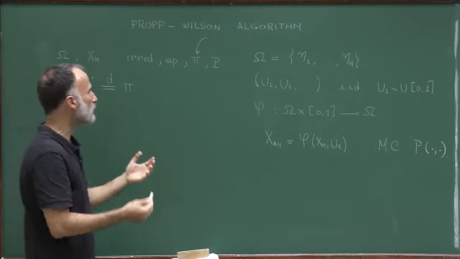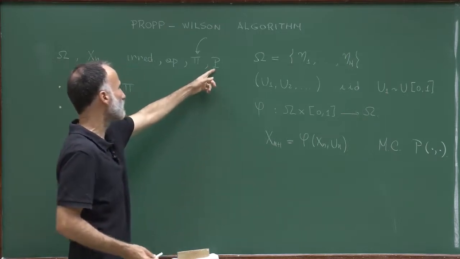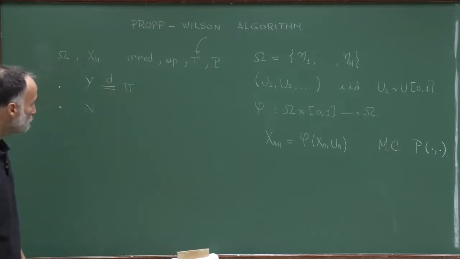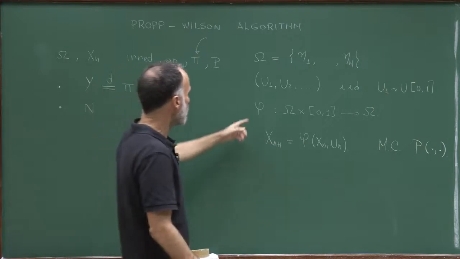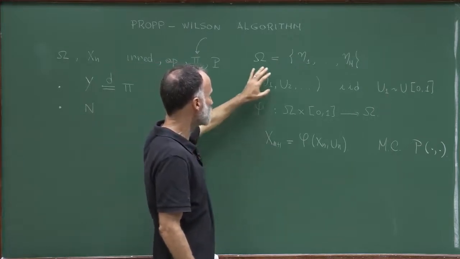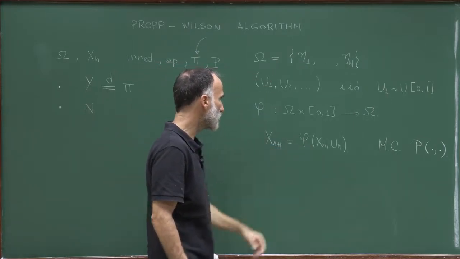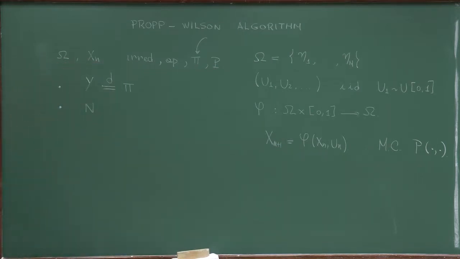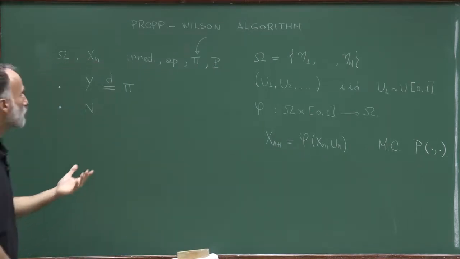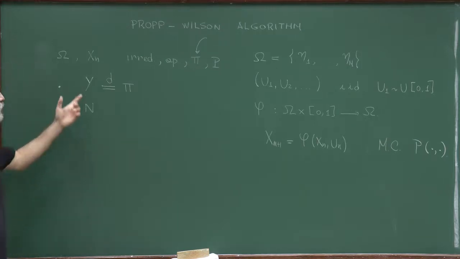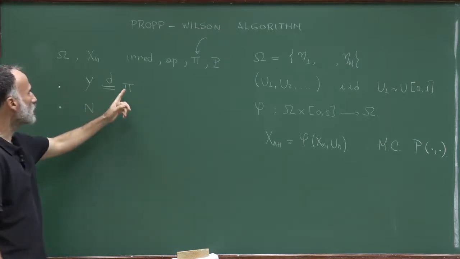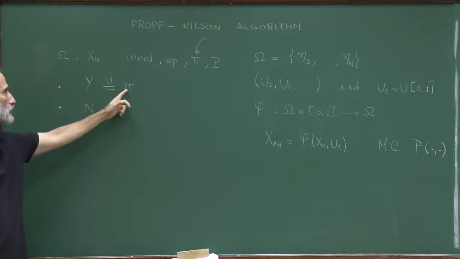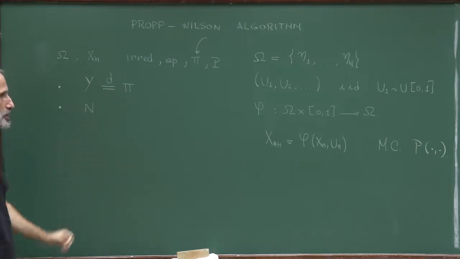Well, we define a Markov chain, which is characterized by its transition matrix P. And by these functions and these random variables, we can simulate this Markov chain. And now I will explain what is the Propp and Wilson idea, how to use this Markov chain in order to find a random variable whose distribution is exactly equal to pi.